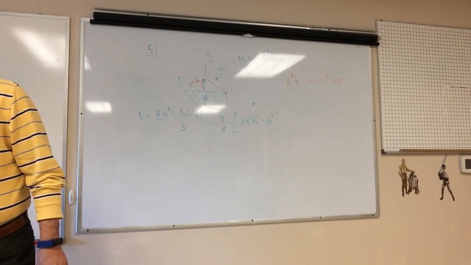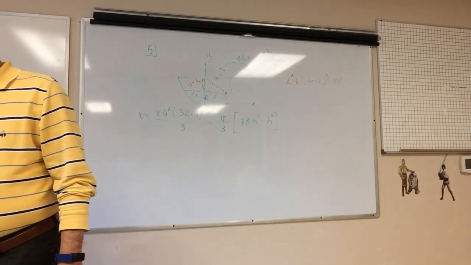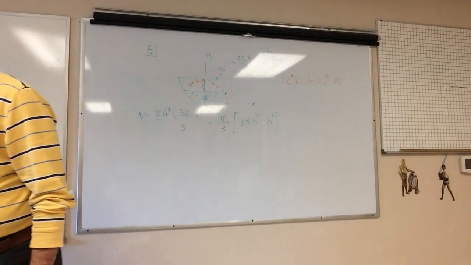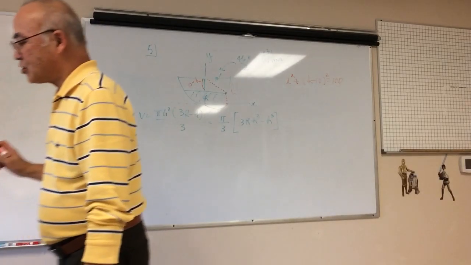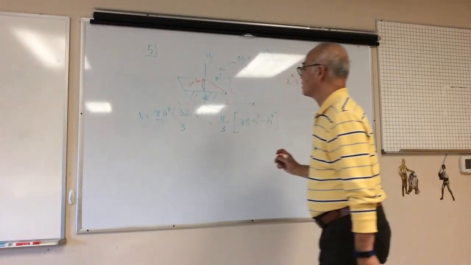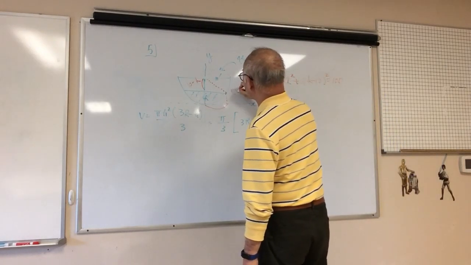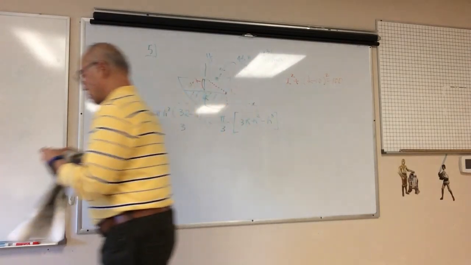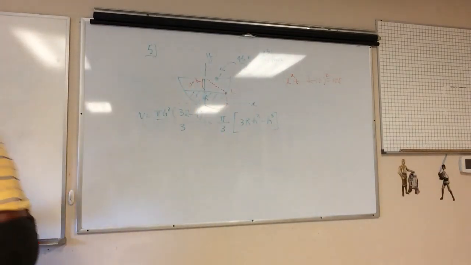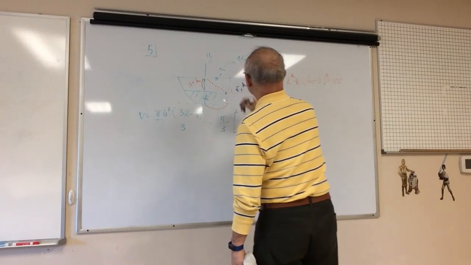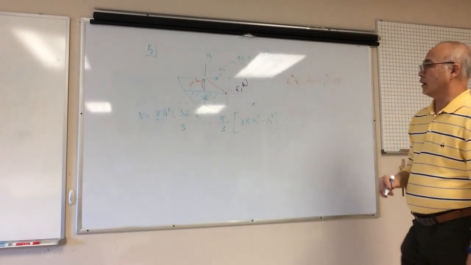Wouldn't it be x squared equals 100 minus 10 minus h squared? R and H. R and H. Oh, I was right. It is the radius. R and H. Okay. All right.